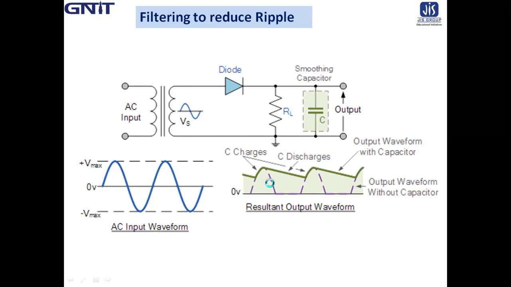Thus the capacitor voltage follows the input voltage. When the input voltage decreases from Vm, say at t equal to T1, the capacitor tries to discharge through RL exponentially with a time constant. Say the time constant is RL into C, that is the RC time constant.